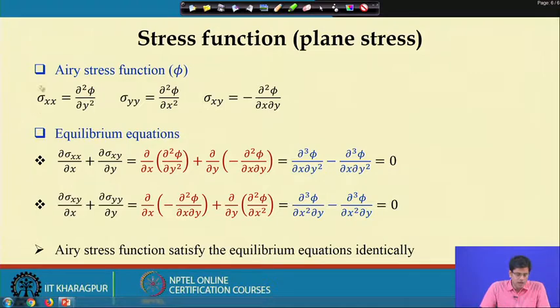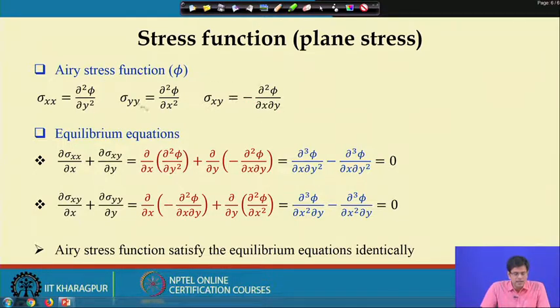The stress function that we defined earlier can also be defined where a non-zero body force is present. So, sigma xx is del square phi by del y square, sigma yy is del square phi by del x square, and sigma xy is minus del square phi by del x del y.